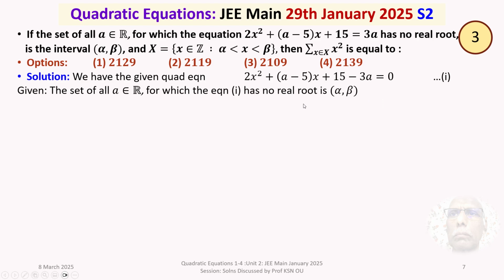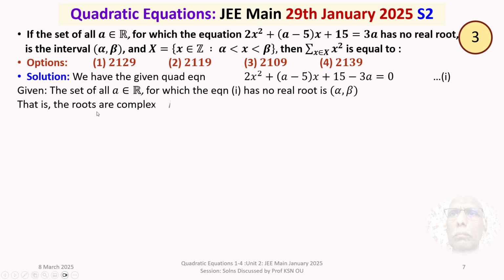It has no real roots means all its roots are complex. The roots of a quadratic equation are complex when its discriminant is negative. Discriminant is b square minus 4ac, which is negative.